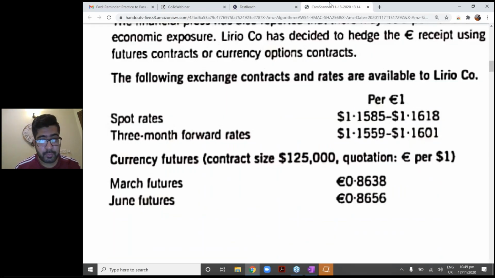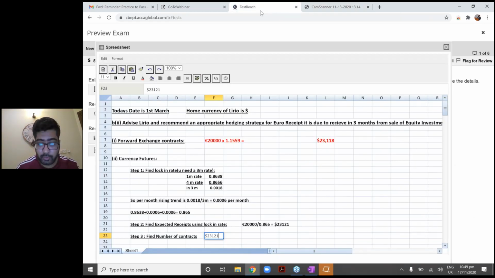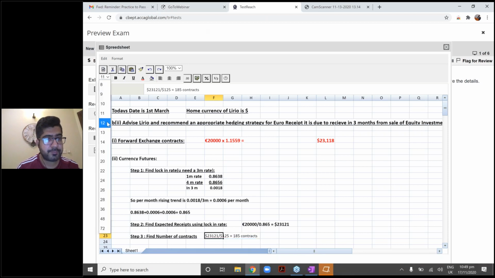And what is the contract size of futures? It's $125,000. I'm taking 125 because I worked in thousands. How many contracts? If 23121 is the receipt and the contract size is 125, it's approximately 185 contracts. 184.97, so approximately 185 contracts.